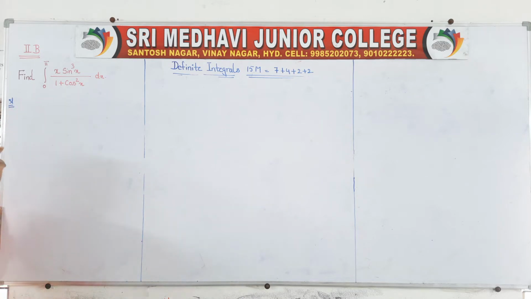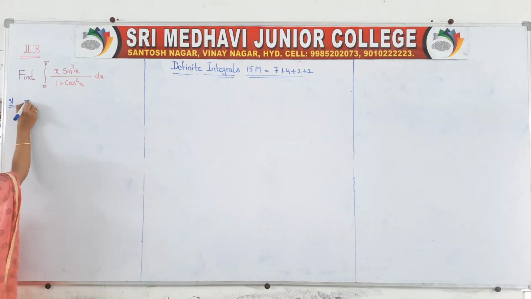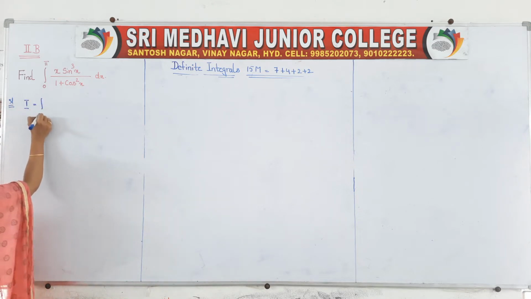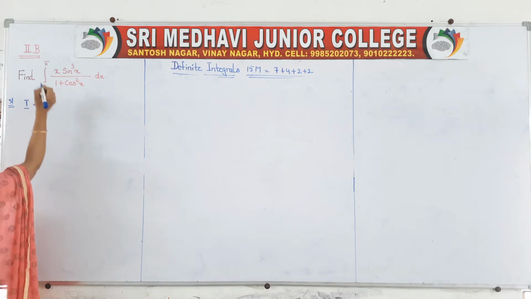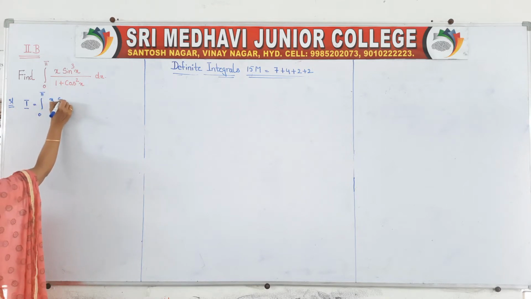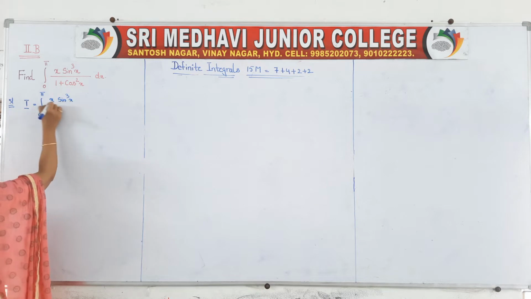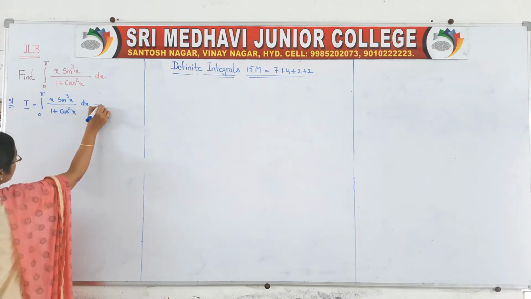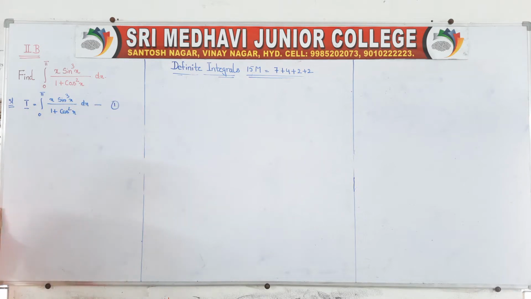I said whenever we are having a 0 to a form, generally we will take that given question as I. So it is 0 to pi, x sine cube x by 1 plus cos square x dx. You consider this as your first equation, okay?